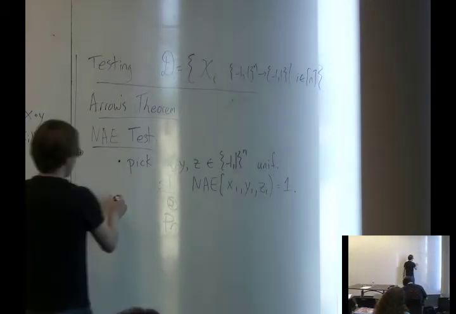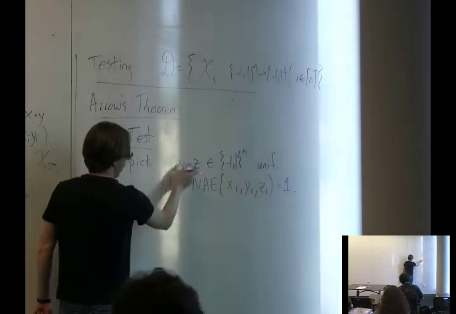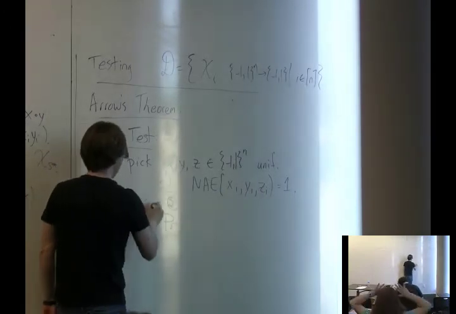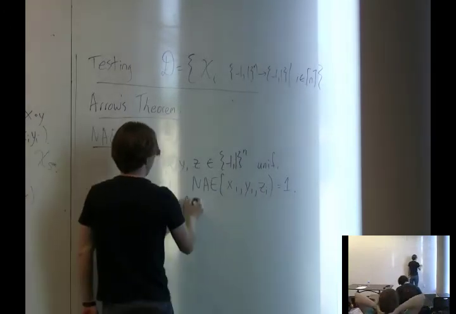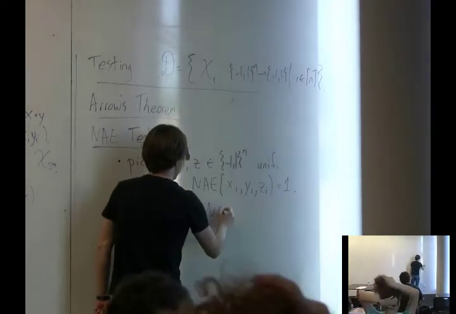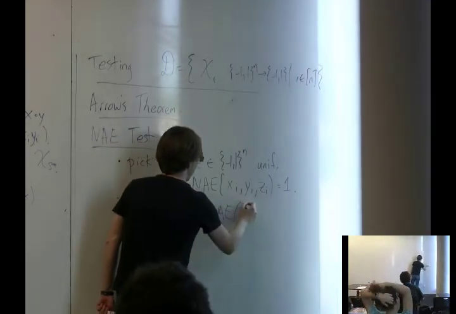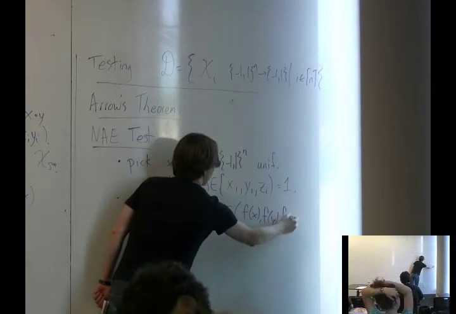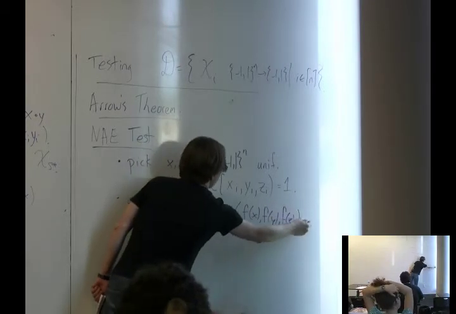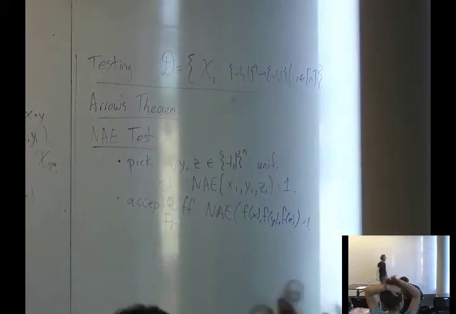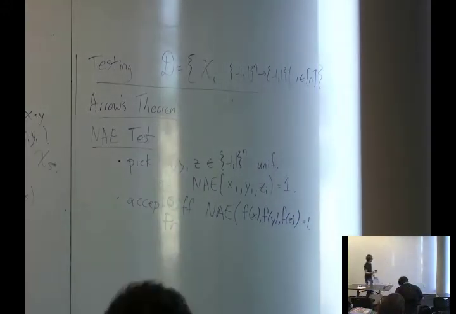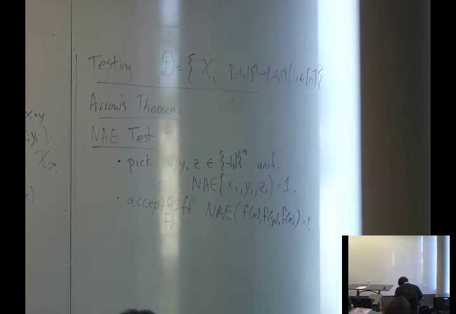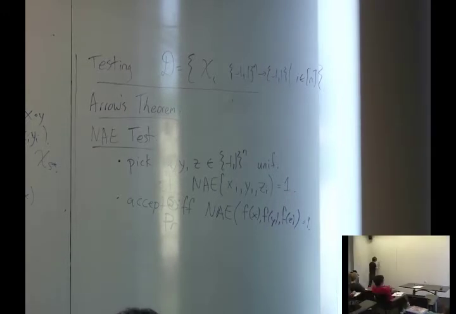Then just query f on x, y, and z and accept if and only if the 3 results are not all equal. So this is a 3-query local tester that we might try to analyze to see how well it does as a tester for dictatorship.